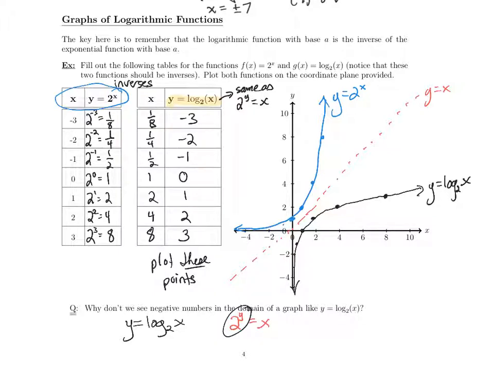So we talked about this a little bit previously. If I plug in a negative value for y, I still get a positive non-zero number. If I plug in 0, I get a 1. And if I plug in a positive number, I get a positive non-zero value.